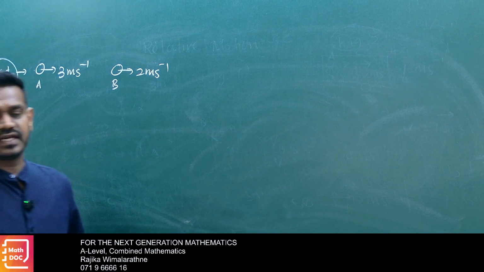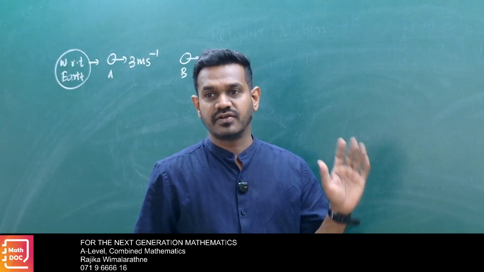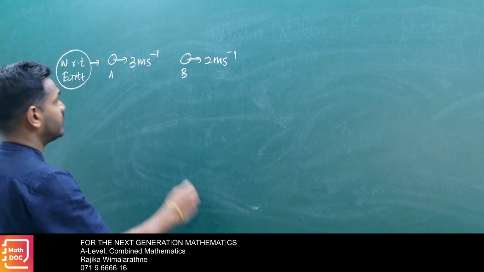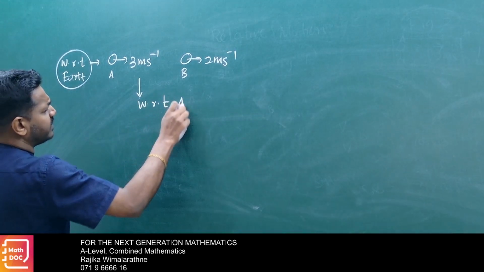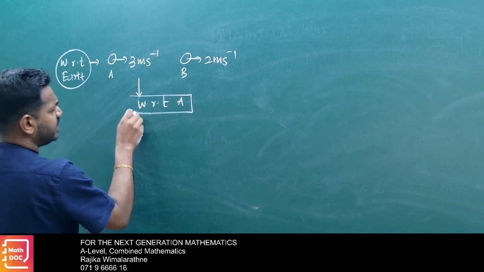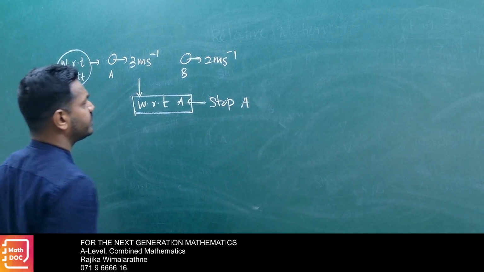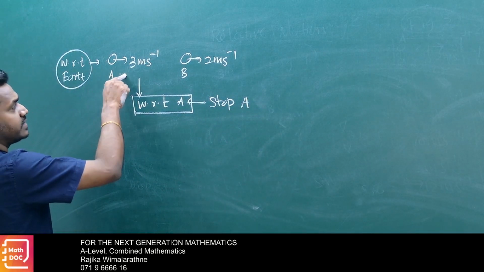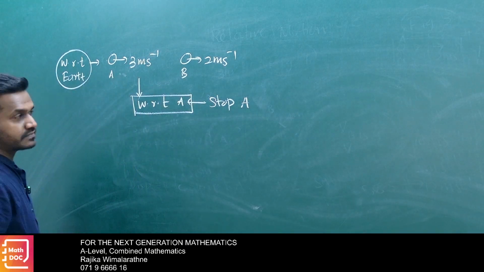Now I'm going to consider velocity with respect to A. That means we have to stop A. Then I convert this into with respect to A. To stop A, we have to cancel this, that means you give opposite direction 3 meters per second.